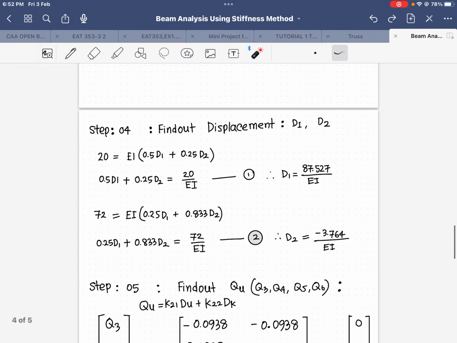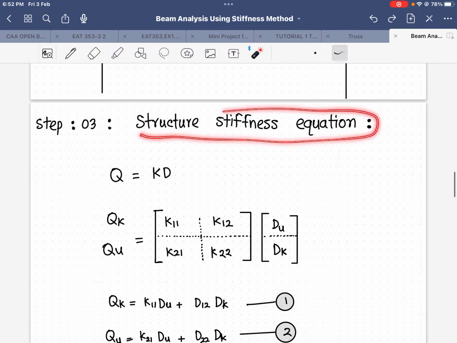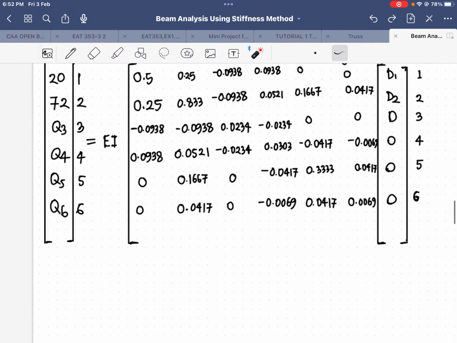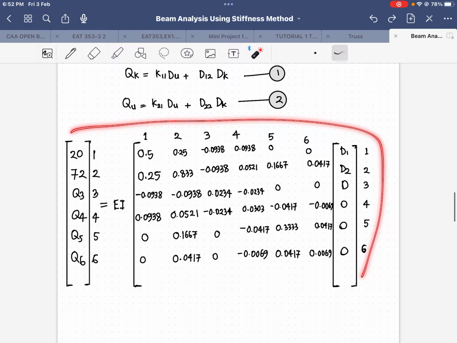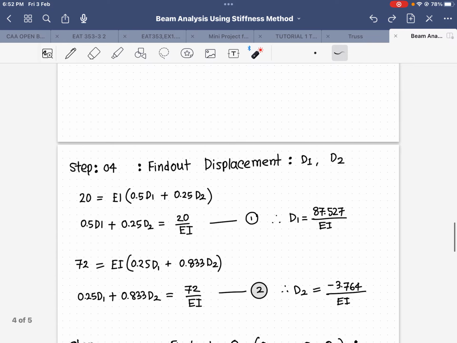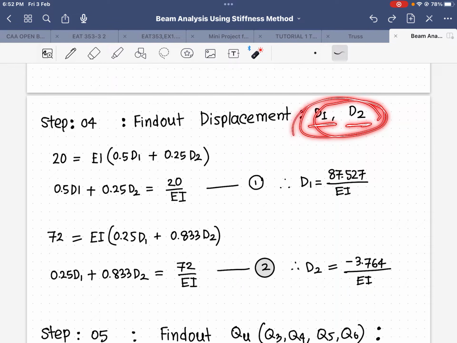All right, once we finish the structure stiffness equations, we will plug all these values into these equations, and we will get this. Once we get here, what we have to do is find out the displacement. Displacement d1 and d2 we will find out.